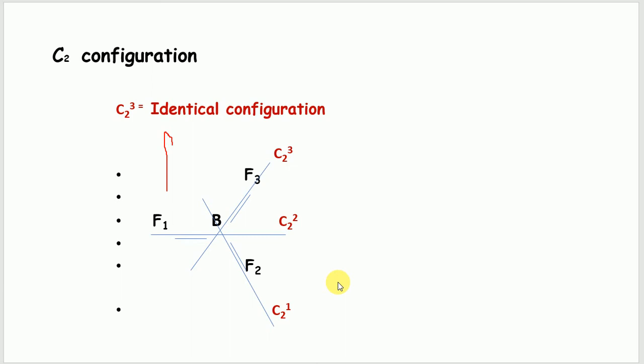Therefore, the axis with higher order is termed the principal axis. Thus, in the BF3 molecule, C3 is the principal axis and it is present perpendicular to the plane. So, it is clear that the axis of higher fold is termed the principal axis.